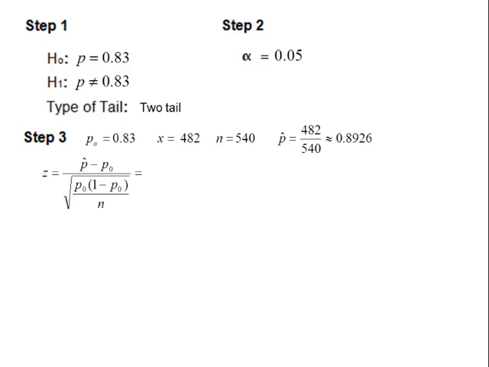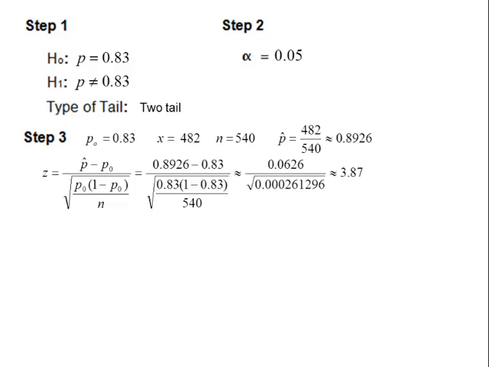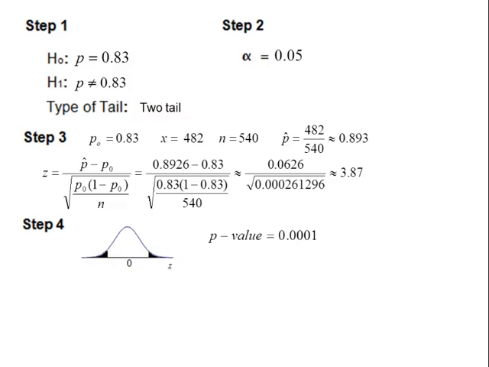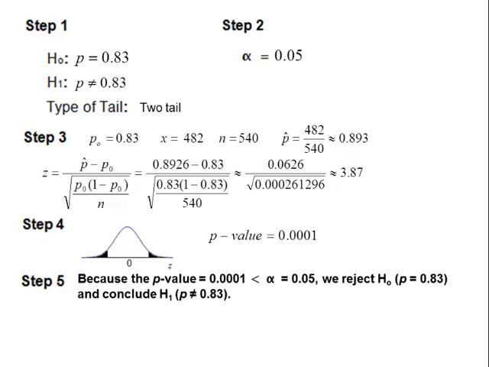So if we throw these values into this formula, we're going to verify what the computer gave us, which is z rounded to 2 decimal places is 3.87. Step number 4, the p-value comes from the test statistic. Since we have a two-tailed test, we're going to double the area of greater than 3.87, and the p-value I'm going to use is from StatCrunch, 0.0001.